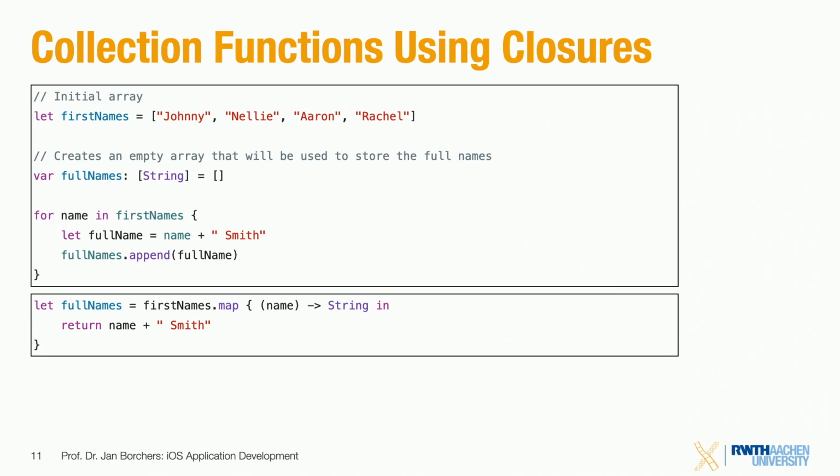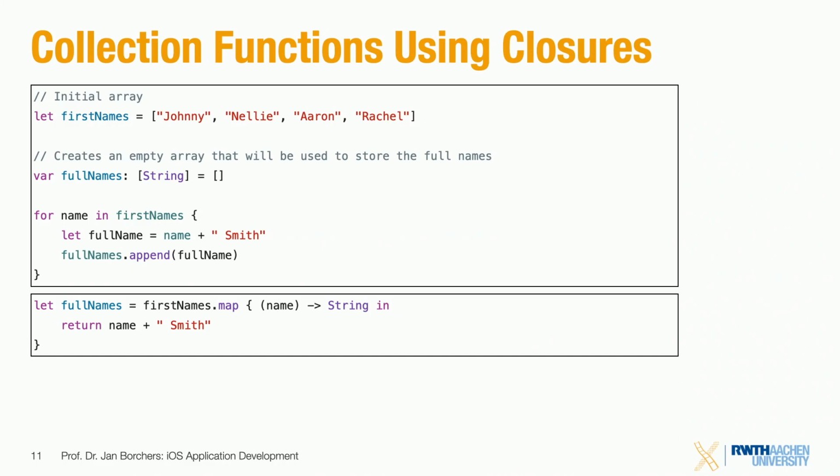And the map method needs a closure as argument. It needs to be told, okay, what's the thing I'm supposed to do on each element, remember? And that is a piece of code. So we're passing it in, we're telling it it's a name, returning a string, and then it returns the name plus the appended empty space plus Smith on it.